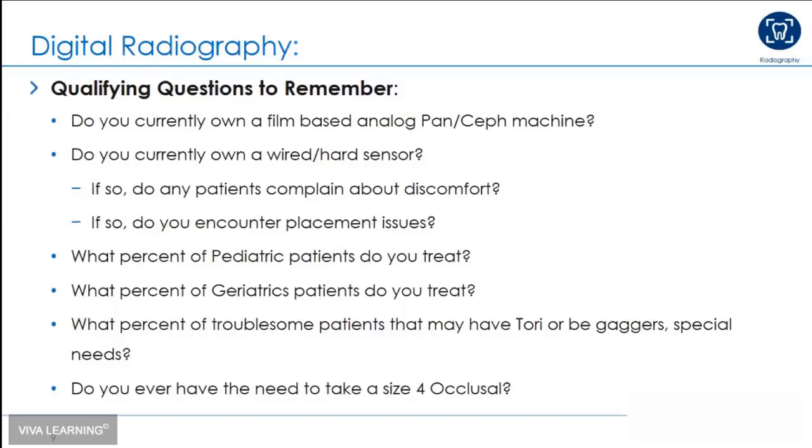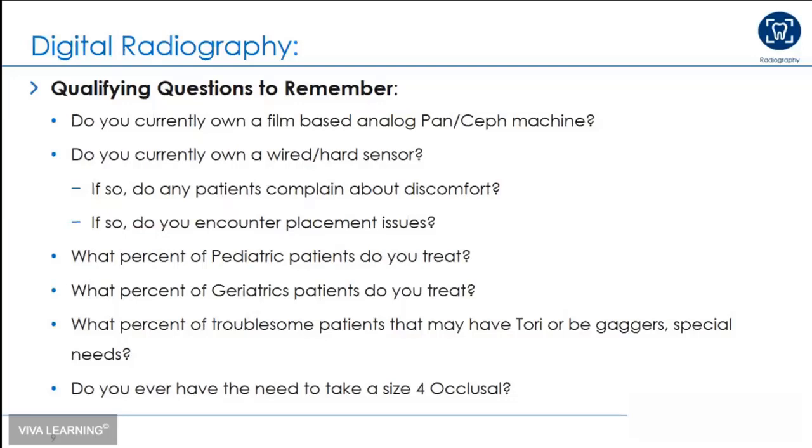They are more apt to be comfortable using something flexible like a conventional film, analog film, and that again is phosphor plate. And as I said before, you've got a large percentage of our population that have tori or maybe gaggers, or perhaps you're treating special needs patients.